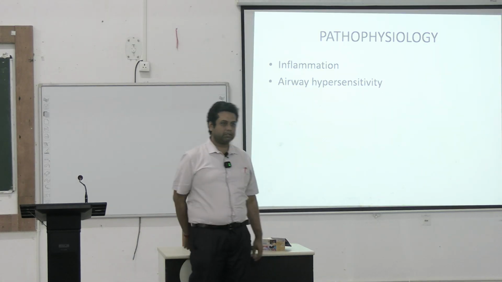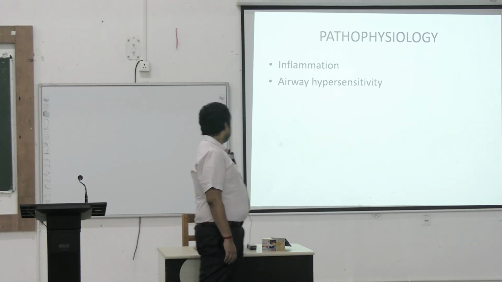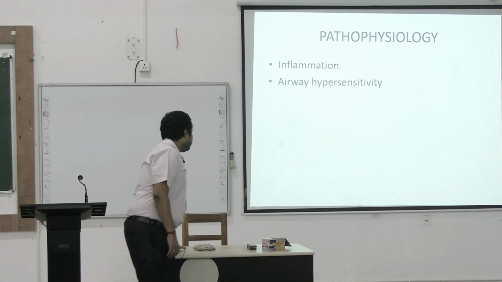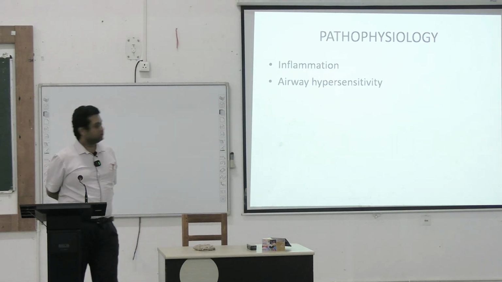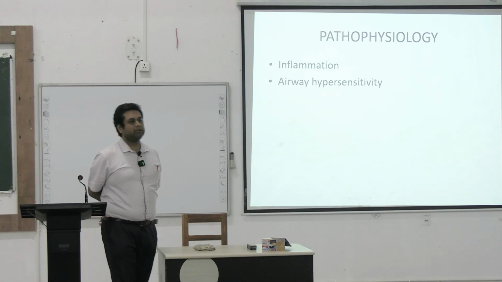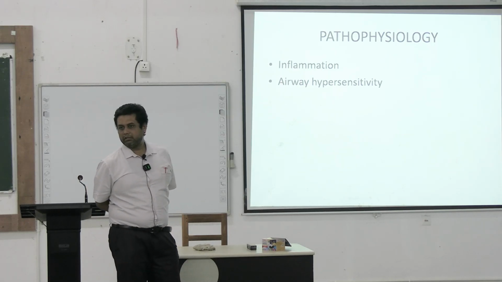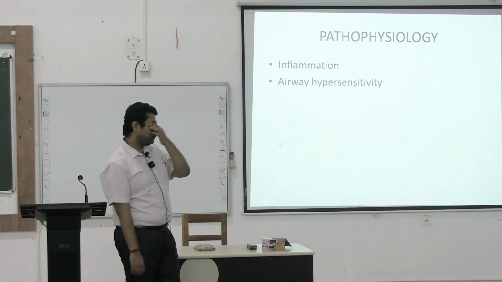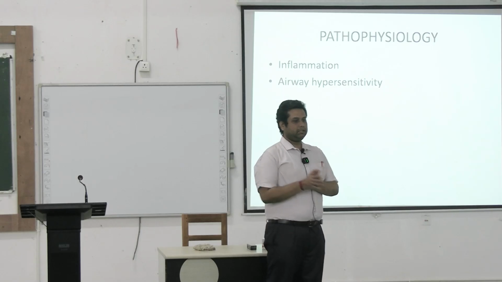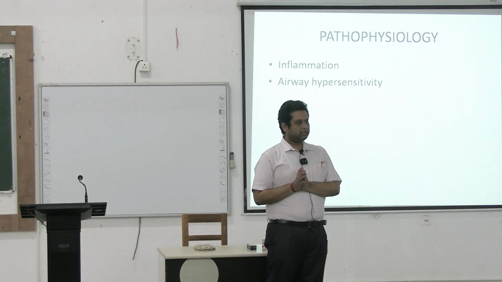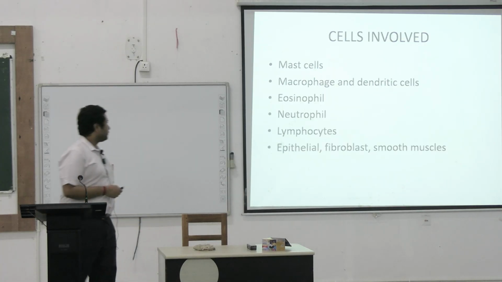Inflammatory mediators, as in inflammation, and airway hyper-responsiveness. So airway hyper-responsiveness and inflammation, with inflammatory cells and inflammatory mediators, as Pritam has said. There are two phases: first the slow phase, then the rapid phase. We will look into it later.